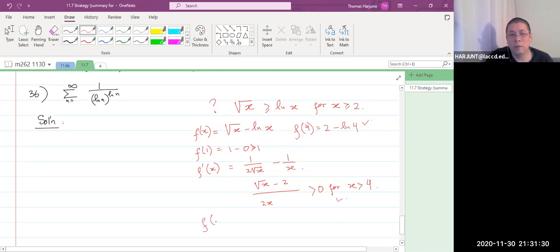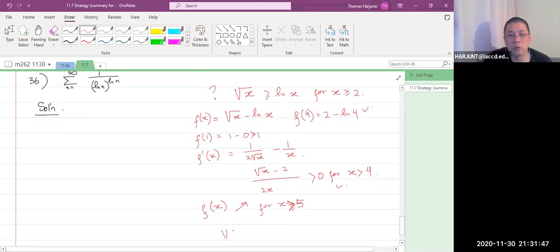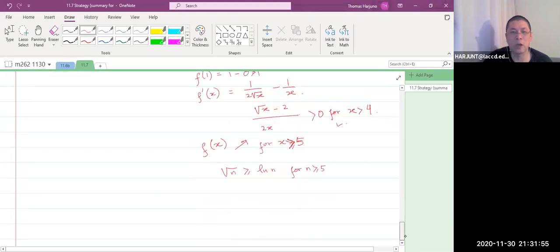So if x is increasing for x greater than 4, let's call it greater than or equal to 5. So square root of n is greater than or equal to ln n for n greater than or equal to 5. I wonder if it helps.